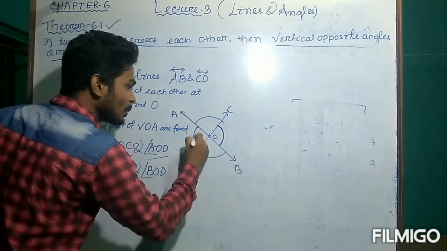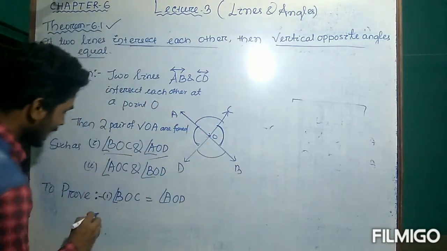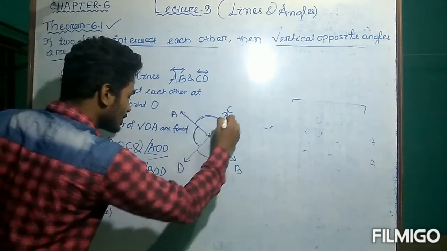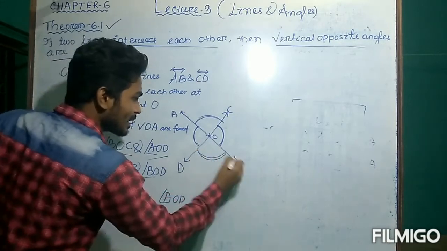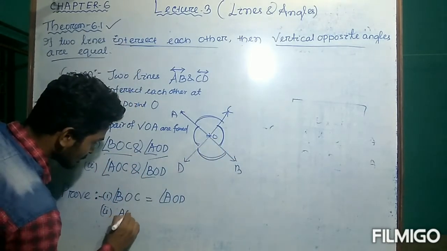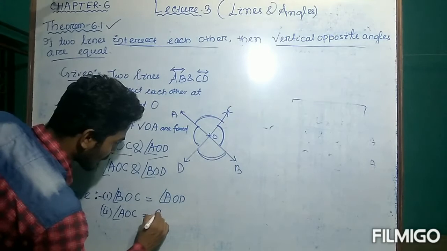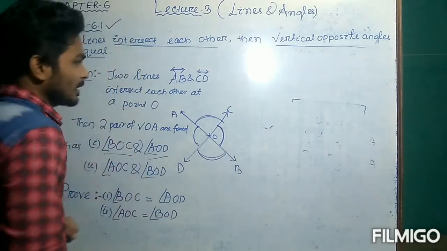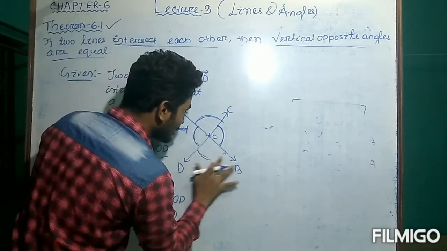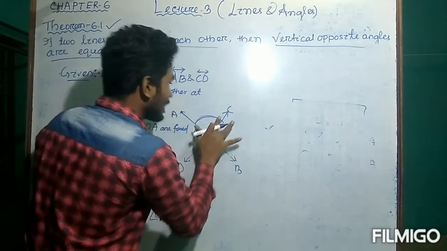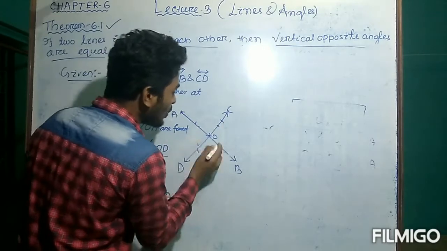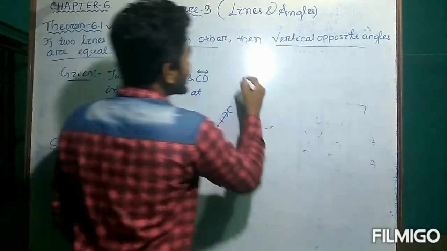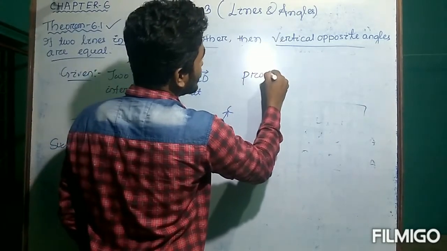This angle is equal to this angle. You need to prove it. And the second thing, you have to prove this angle AOC is equal to this angle BOD. So these are the two statements that you need to prove. This is the figure. Now we will prove how these two vertically opposite angles are equal. So, prove.